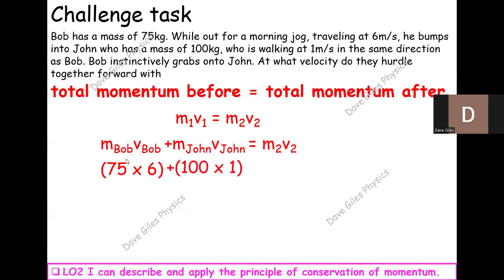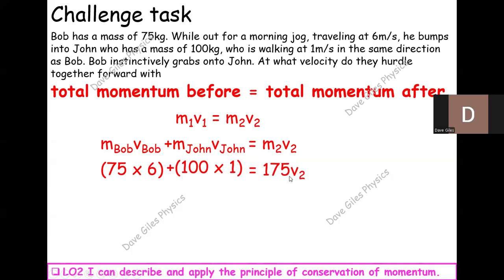The momentum of Bob is his mass of 75 kilograms times his velocity of 6 meters per second. The momentum of John is 100, which is his mass, times his velocity of 1. That equals 175 v2.